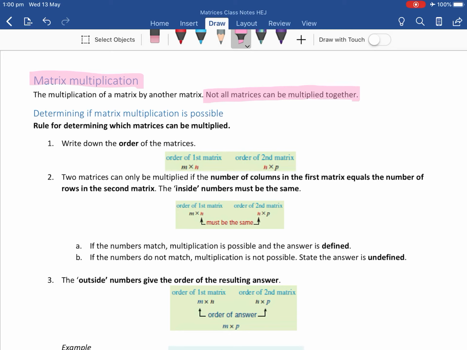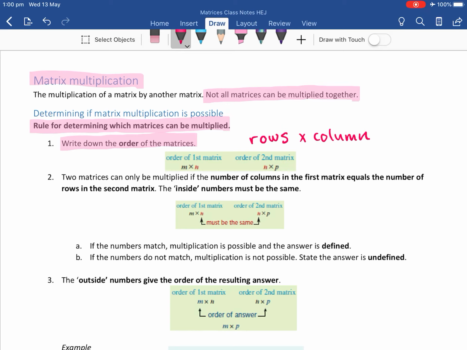Okay. The rule for determining which matrices can be multiplied is as follows. The first step is to write down the order of the matrices. Hopefully you can remember when you write the order, you always do the row first, rows times the column.